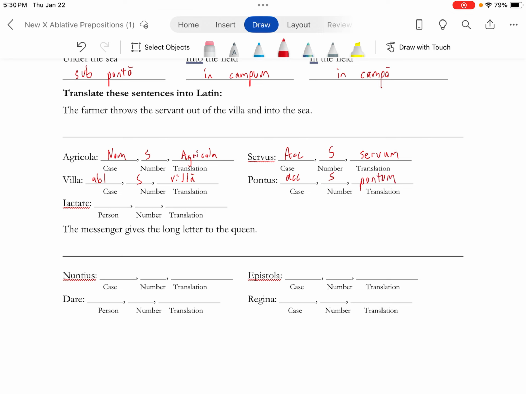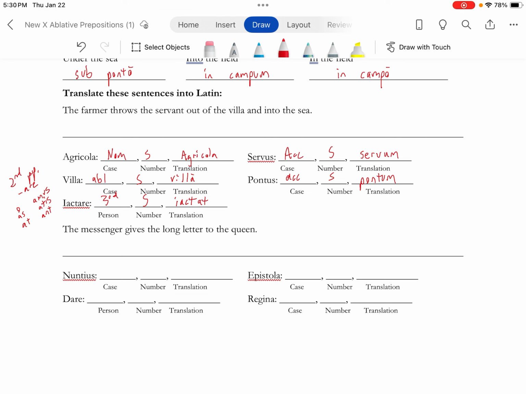And iactare, if you remember with a verb, second principal part, minus the ARE, plus one of these guys, the O, the AS, the AT, the AMUS, the ATIS, or the ANT. So the farmer's doing it, so he's third person and just one singular. So we need the AT for this, so drop off the ARE, put in an AT, and we got that.